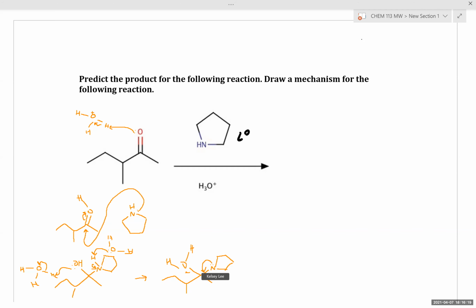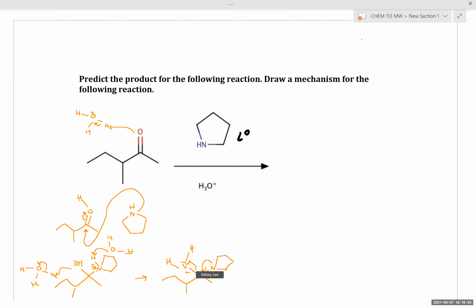Yep, exactly right. Water removes a proton from our ammonium species. From here, now that water is activated as a leaving group, we can kick out water and make an iminium.